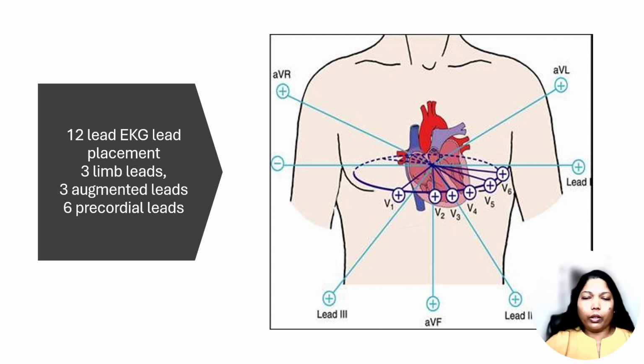Then three augmented leads: AVR, that is the right one, AVL, that is the left one, and AVF, that is the foot one. And then six precordial leads, those are V1 to V6.